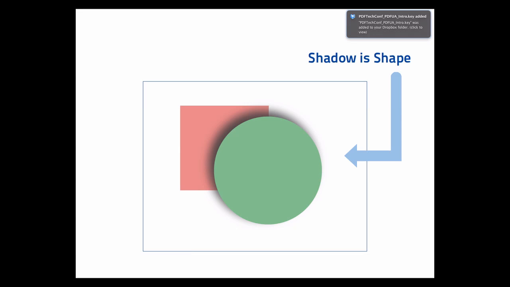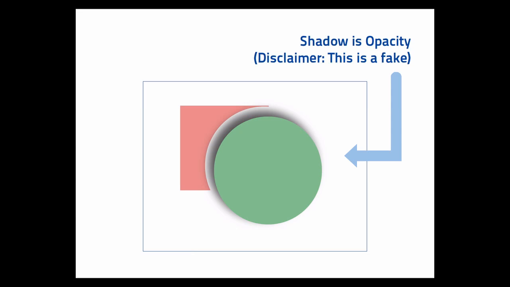So if the shadow were defined as opacity as well, we would have an effect something like this. It's a fake, I know. But there would be a knockout effect on the whole thing, and we would see through to the paper color, which is white.